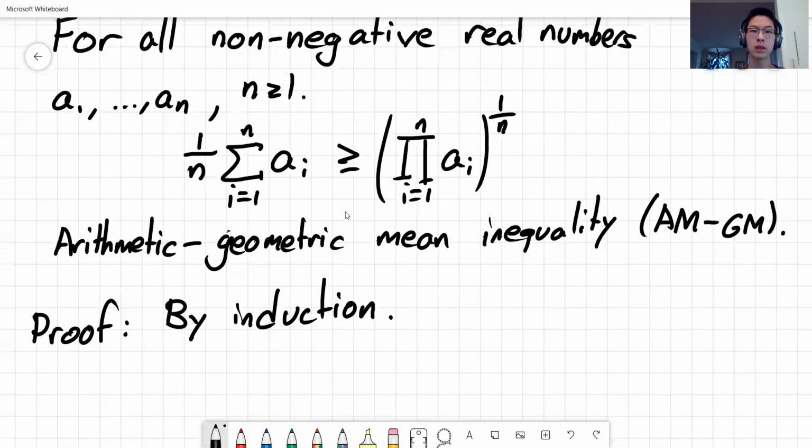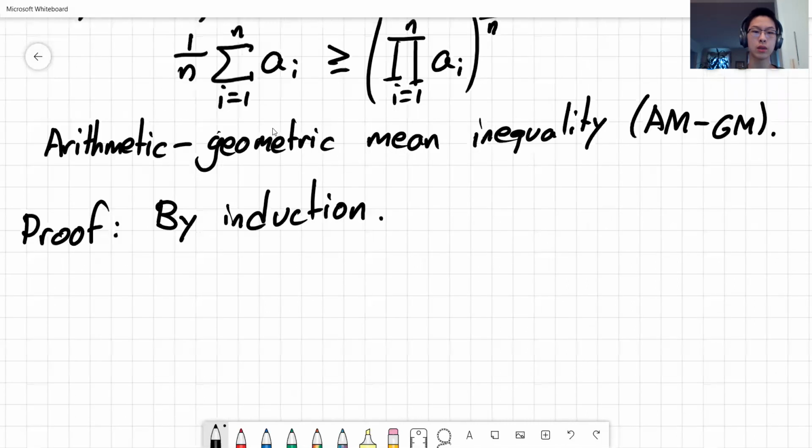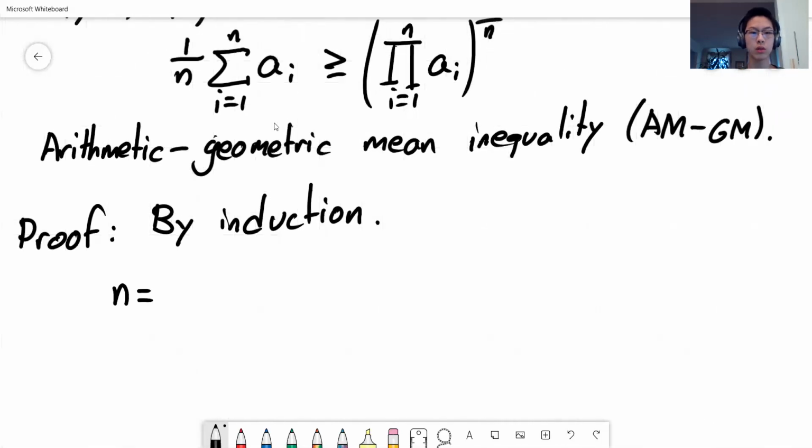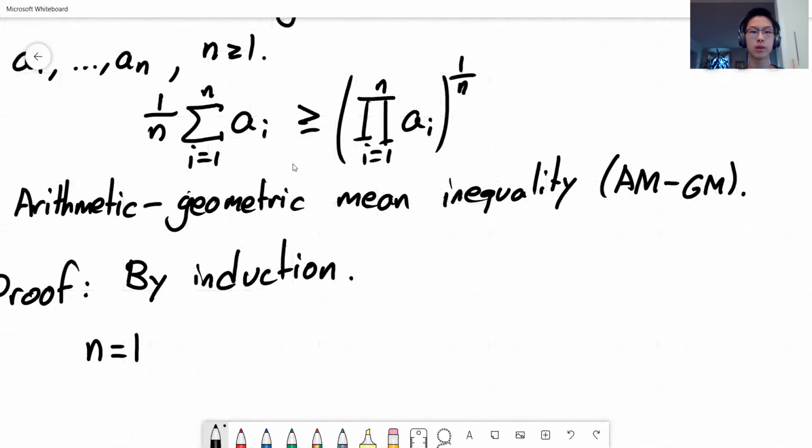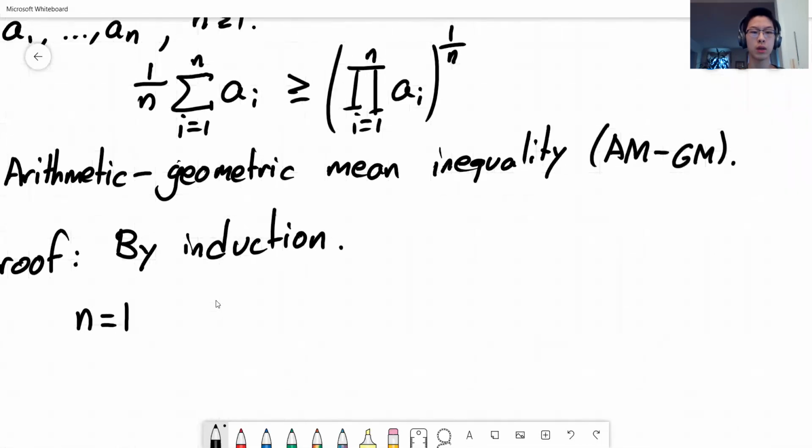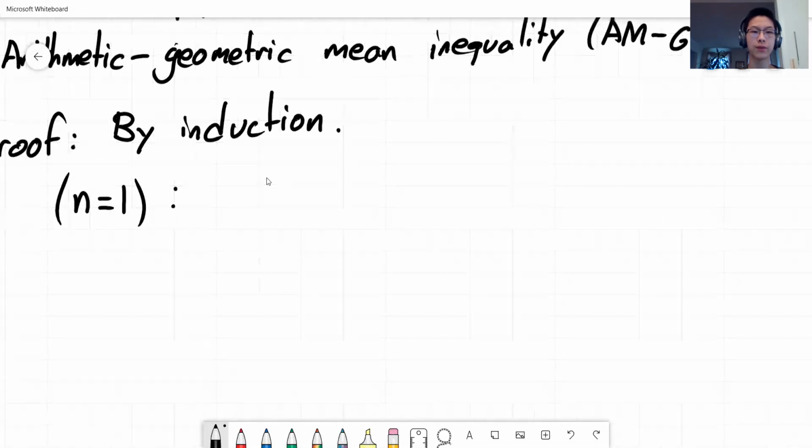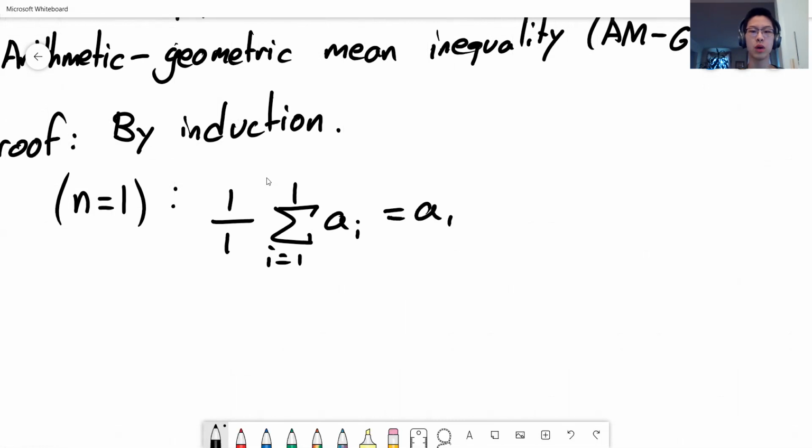So let's try the small cases. When n equals 1, what does this inequality become? We have 1 over 1 times the sum from i equals 1 to 1 of a sub i, which is just a sub 1.